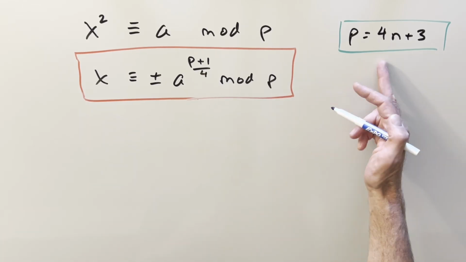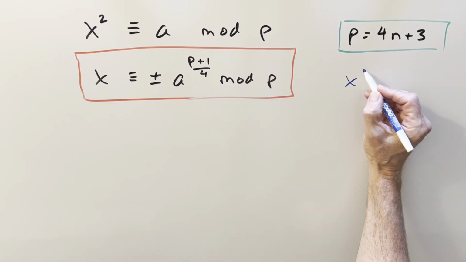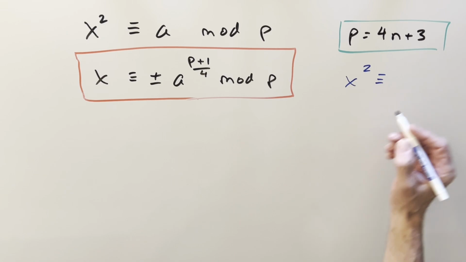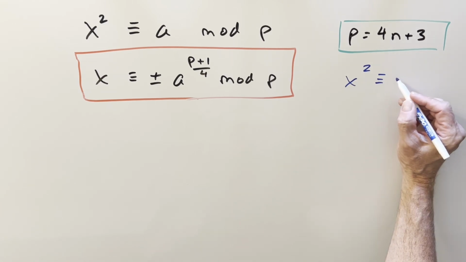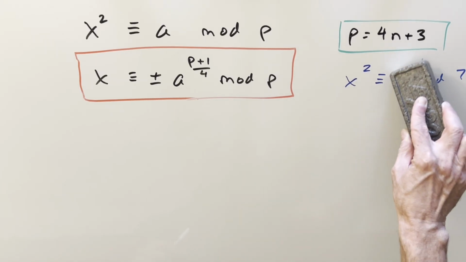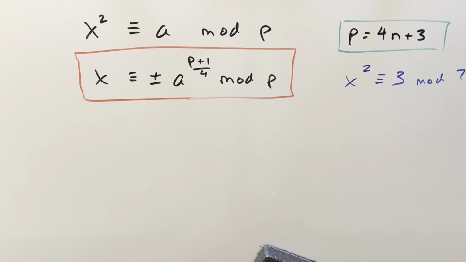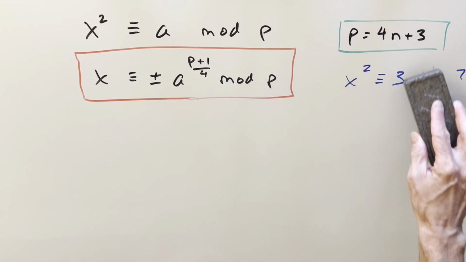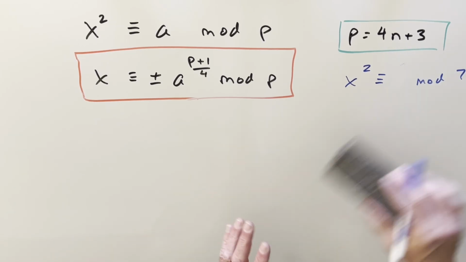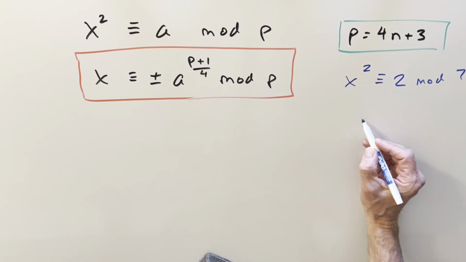So for our case here, for 3 mod 4, a real simple example where you could guess and check is something like x squared congruent to 2 mod 7, let's say, because 7 is 3 mod 4. One thing that won't work is something like this. The reason is because you need this a value to be a quadratic residue for this formula to actually work. So if we put our 2 back, we could look at the Legendre symbol.